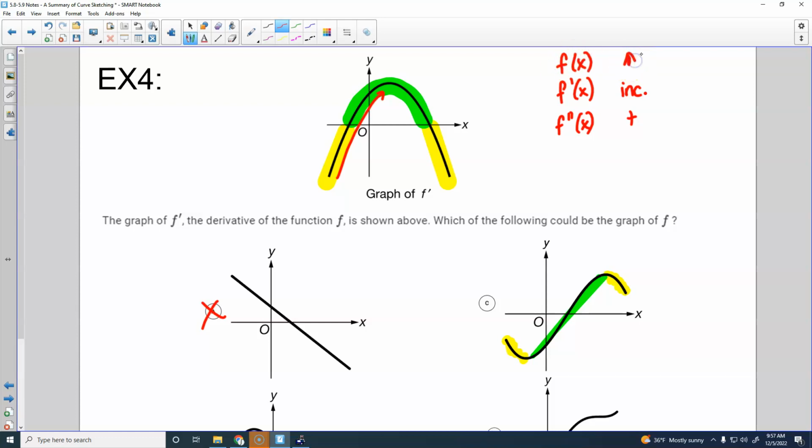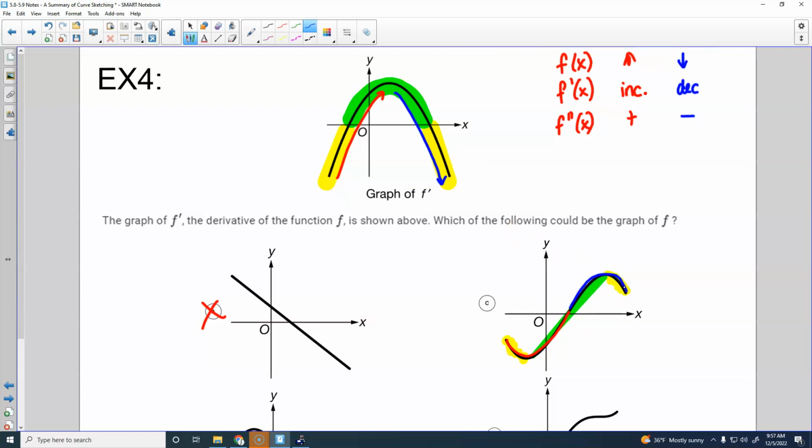Up, right? So are we concave up here? Looks like it, right? And then over here, we're decreasing. If my derivative is decreasing, then that means its derivative, the second derivative, would be negative. Would be concave down. And it does appear to be concave down.